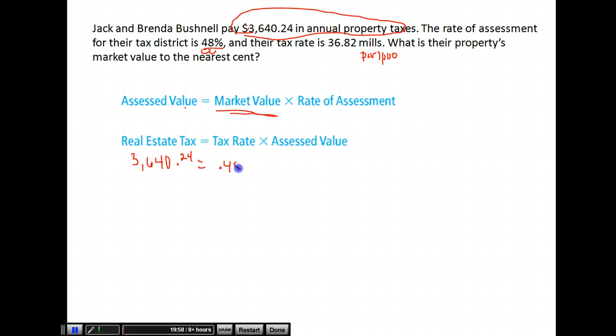That gives me 0.48 times the assessed value. We do not know the assessed value of the home, so I'm just going to leave that as assessed value. We want to solve and find the assessed value so that we can move up into this equation here. So it's times 0.48. So to solve, I would do the opposite and divide by 0.48.